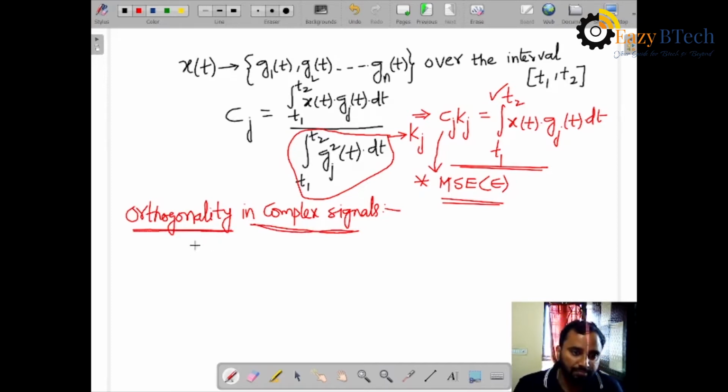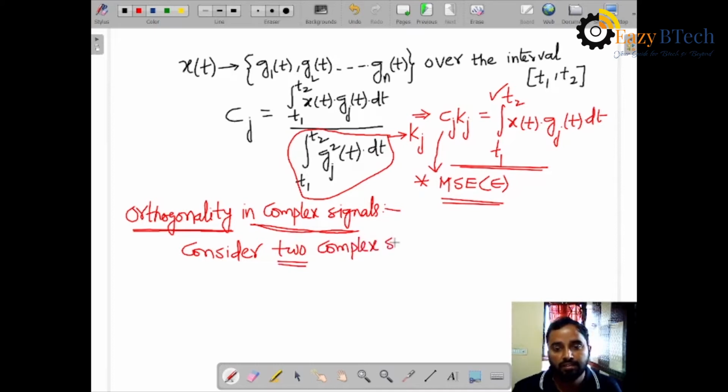Let's consider two complex functions or signals, like x1 of t and x2 of t.